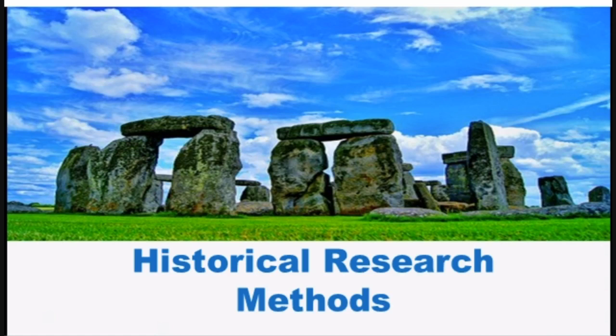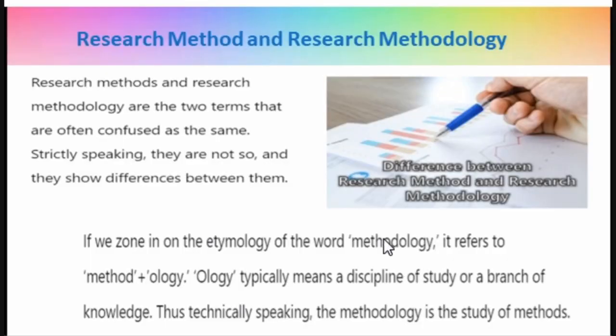Before going into the historical research method, you need to understand the difference between research method and research methodology. Both these terms look similar, but they are not the same actually. Most people get confused about these two terms.